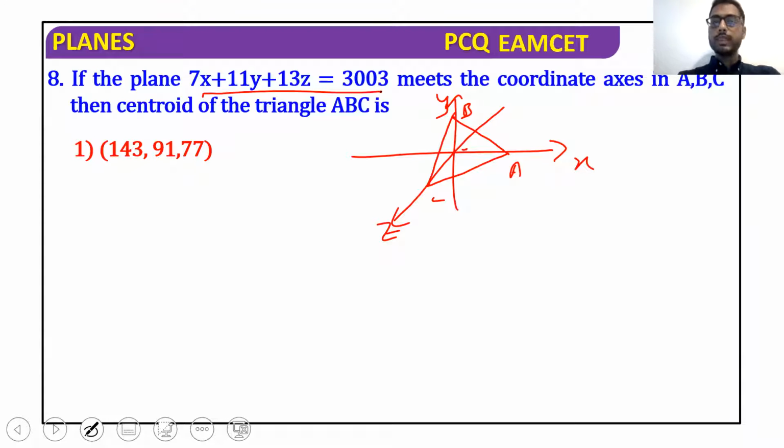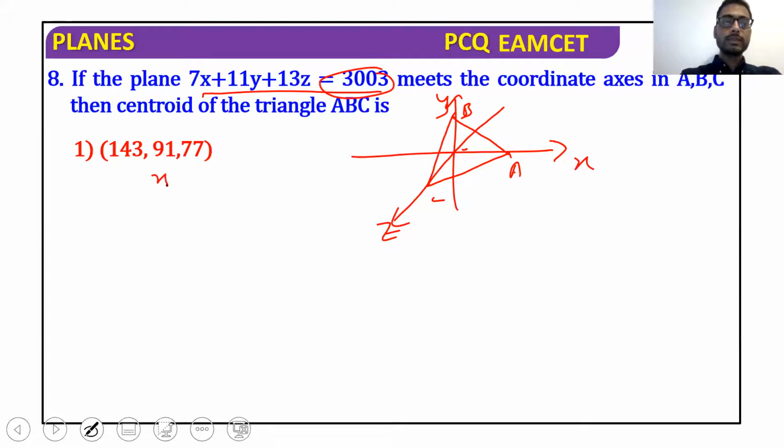The equation of plane is also given to me. As intercepts are given A, B and C, I will write the intercept format of plane. What is intercept format of plane? X by A plus y by B plus z by C is equal to 1. Therefore, divide by 3003 throughout, because then I'll have 1 on other side.